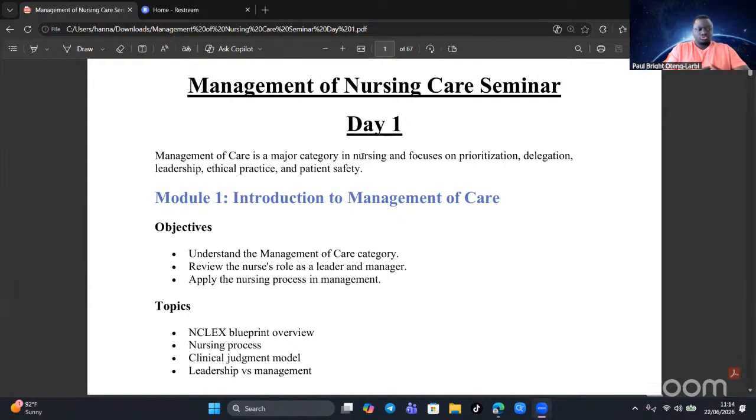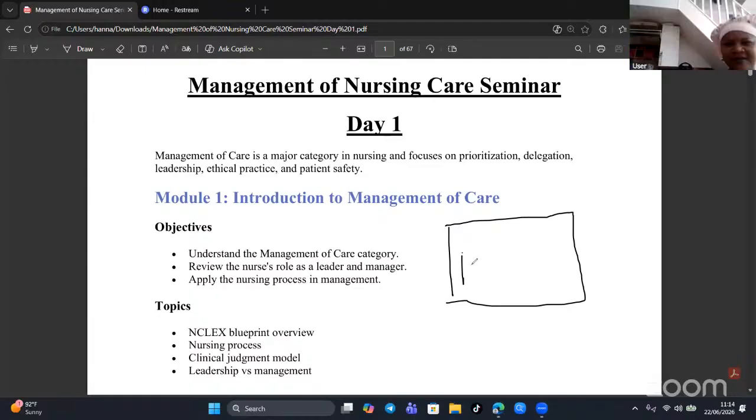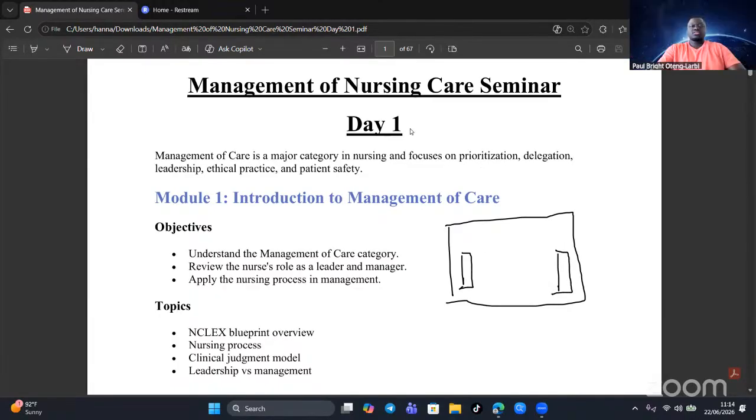Let's say this is the ward environment, and these are the patients on their beds.